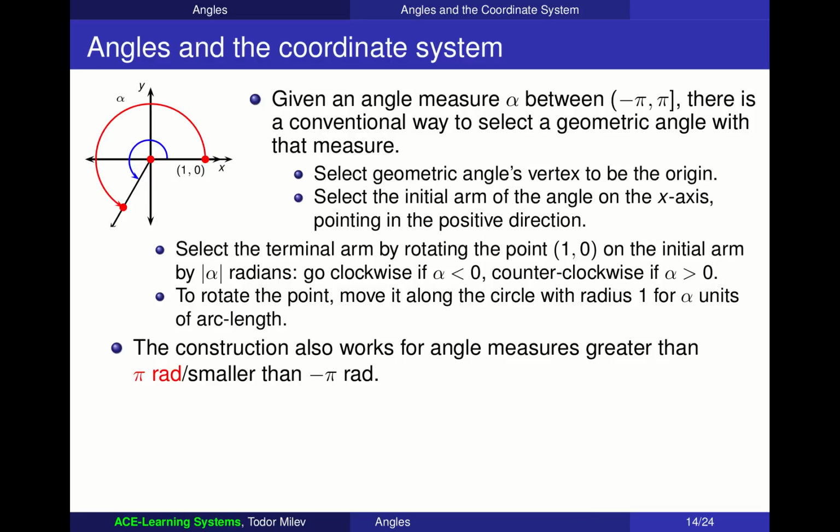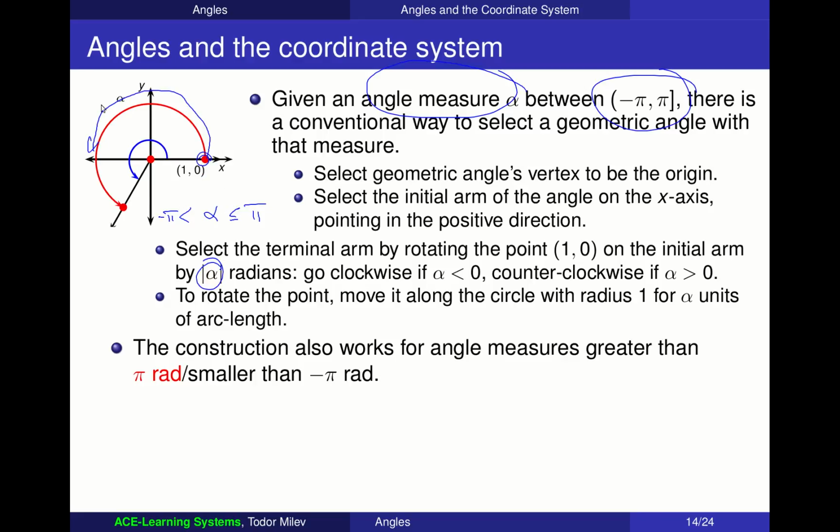Now notice that at the start, this construction appears to work only for a geometric angle, right? We started with an angle measure which was between negative pi and pi. So this number alpha was between negative pi and pi. But everything that we did, we fixed a point and then we traveled a given distance.